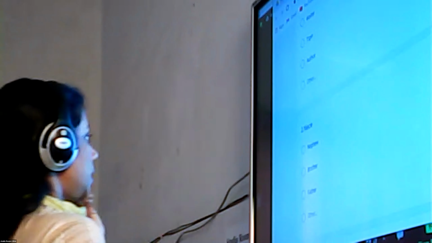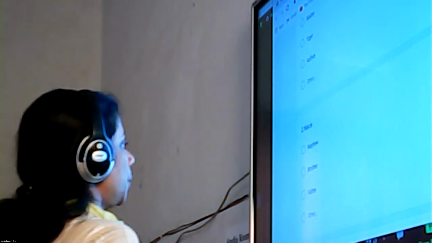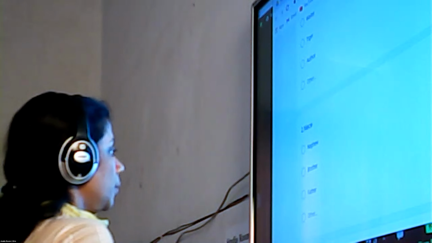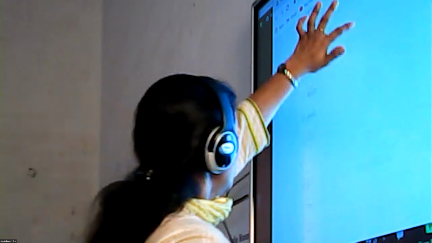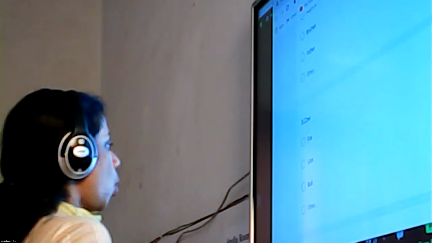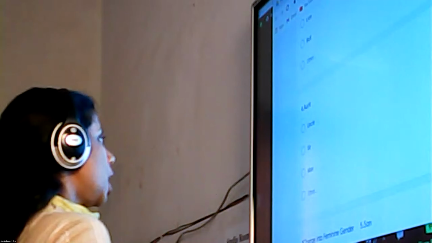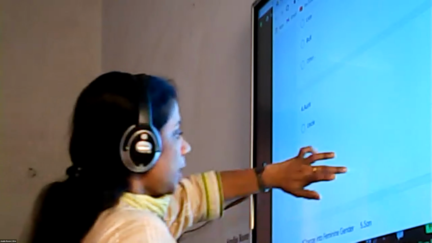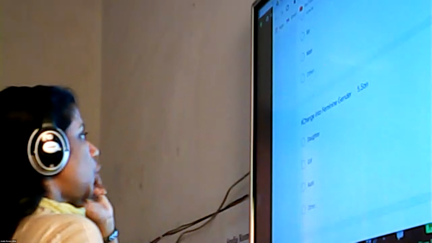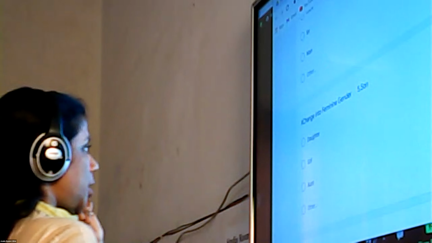Now let's move on to the second question. What is the masculine gender of niece? What is the masculine gender for cow? Masculine gender for aunt. And the next set of question is change into feminine gender.